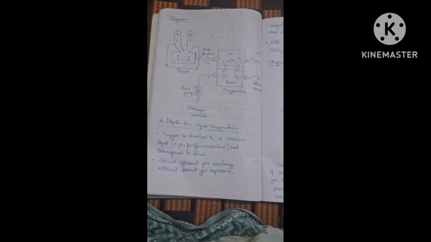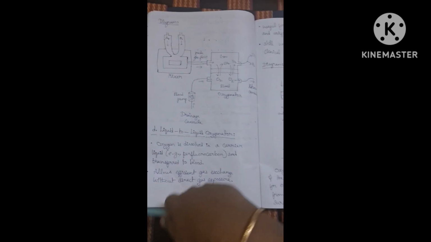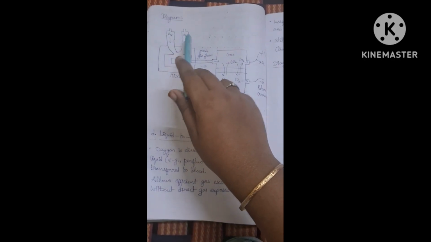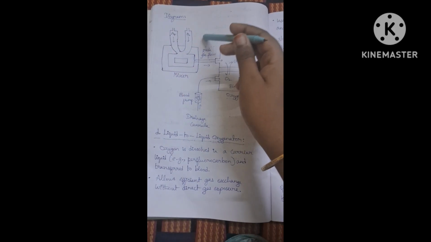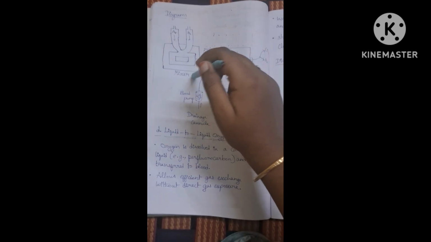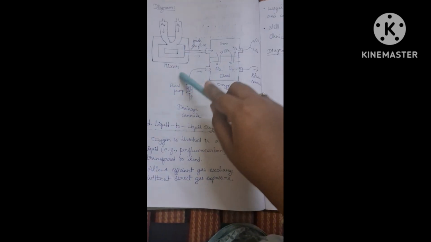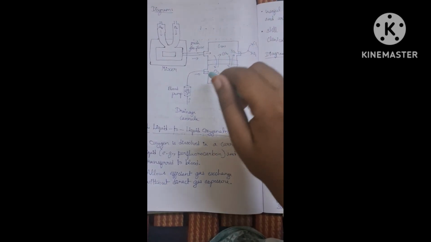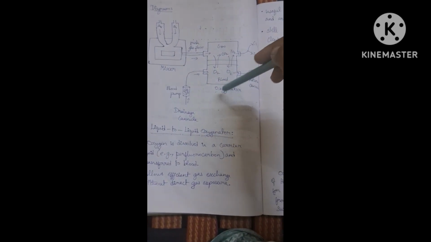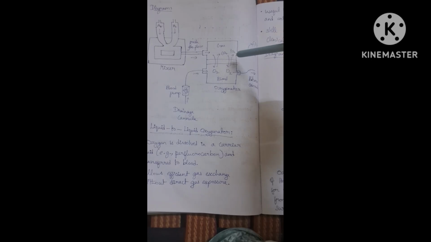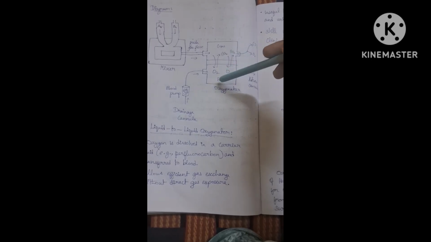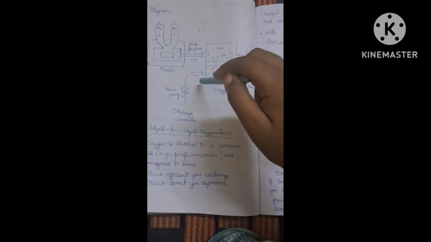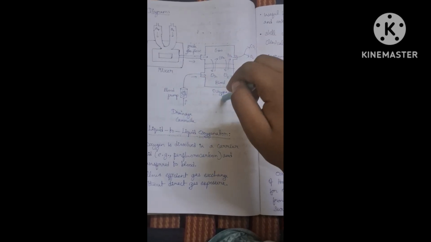The diagram of the membrane oxygenator is, the air and O2 will be given in the mixer. From there, fresh gas flow will be flowing to the oxygenator, where the gas CO2 and O2 is given. The first section is gas, the second section is blood.